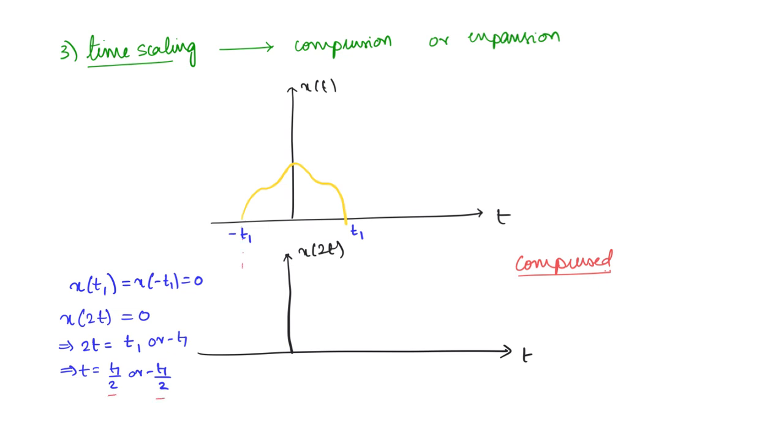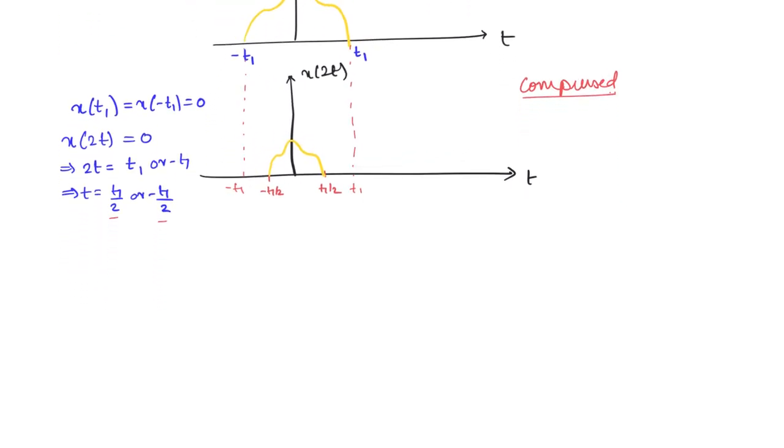Okay, so we can compare here. If this is minus t1 and this is plus t1, minus t1 by 2 is going to occur here, plus t1 by 2 will occur here. So the signal is going to occur only between minus t1 by 2 to t1 by 2. It is being compressed. Now what about an expanded version?